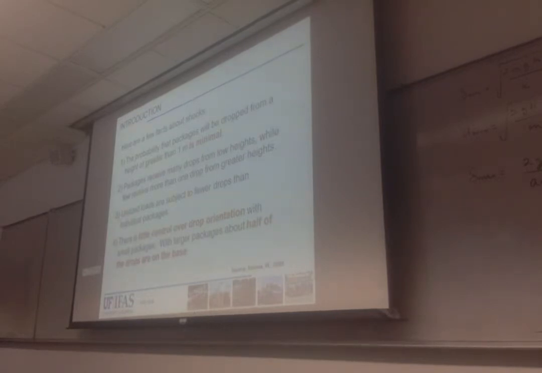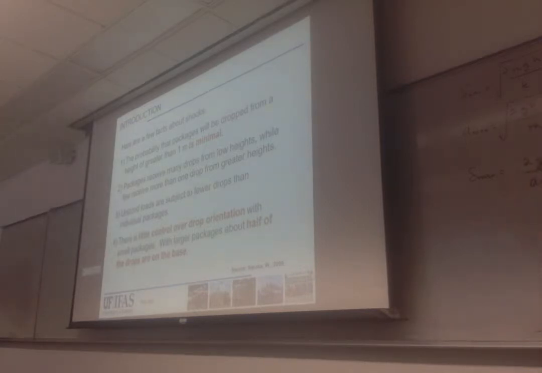So a few facts here about shocks that have been gathered through experimental data, observation, and so on. The first one is that the probability that packages will be dropped from a height greater than 1 meter is minimal.